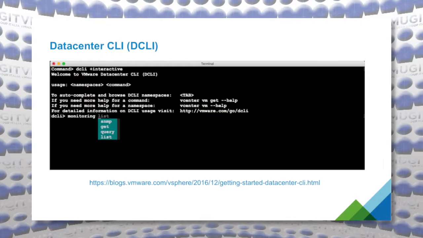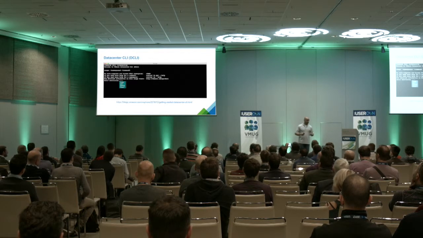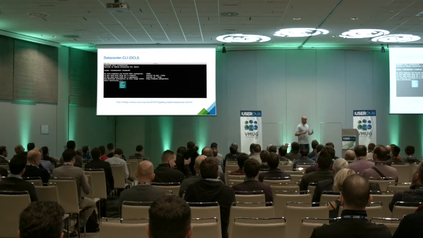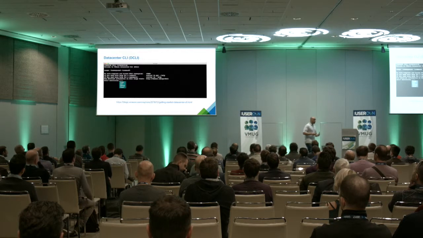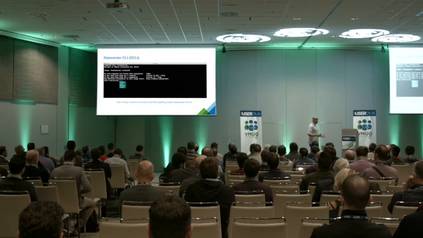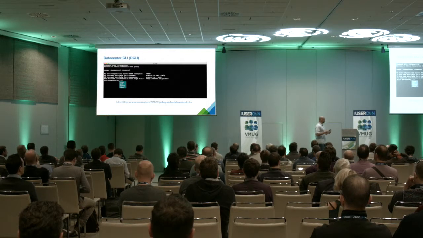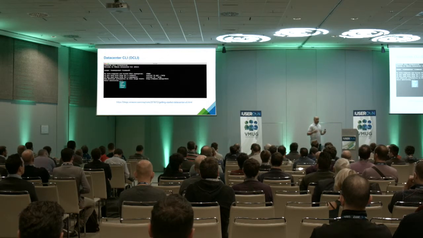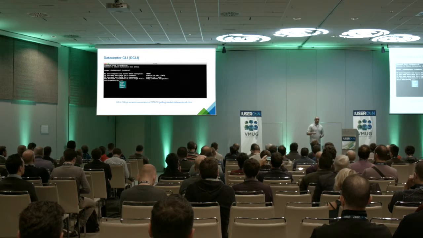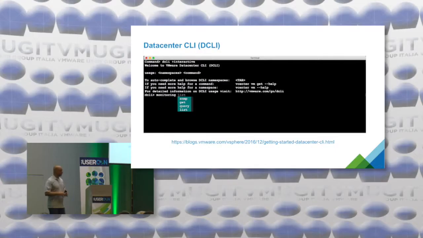We also have DCLI, Data Center CLI. And I really like this because if you are not familiar with the APIs, if you're not familiar or comfortable with the CLI at all, or just beginning, you can use this. This is kind of an introductory to CLI because you can just tab your way. You can start typing anything, like here in this example, I start with the letter M. I wanted to see what's out there for monitoring.